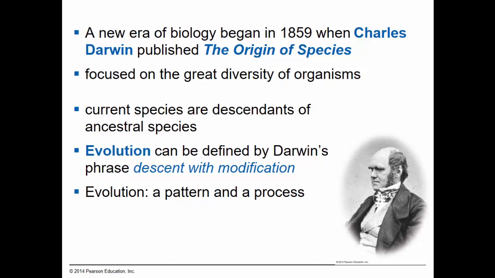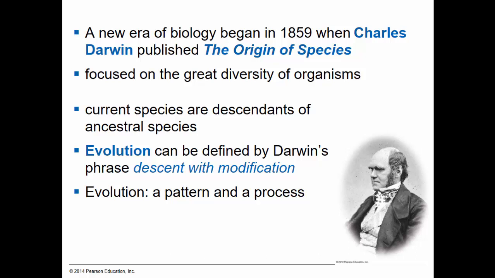His ideas included the idea that species that are around today are the descendants of ancestral species that lived long ago, and that those species were somewhat different in structure and function than what we see today. Darwin used the phrase descent with modification to describe the process of evolution.